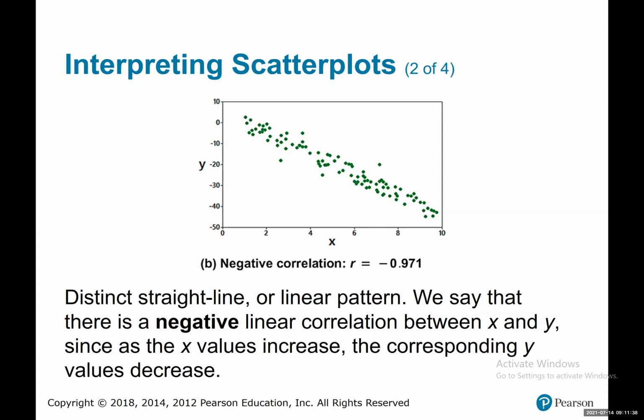So fiber is a positive correlation because the higher the fiber, the higher the rating of customers or satisfaction. Sugar is a negative correlation because the more sugar, the less satisfaction or customers' usage or rating.